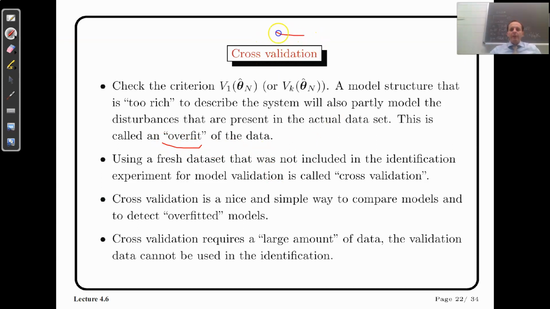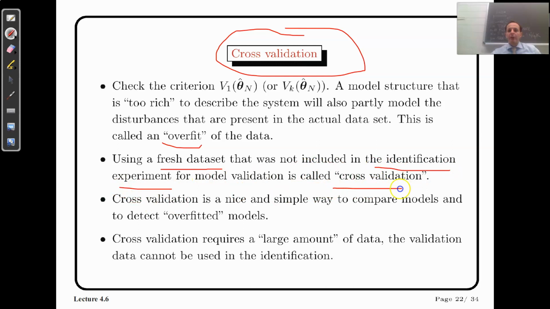So we use this term cross-validation because, in order to understand if your model is really describing the data outside the set of data that you have already used for your estimation, using a fresh data set that is not included in the identification experiments is called cross-validation. So you are using a different set of data.